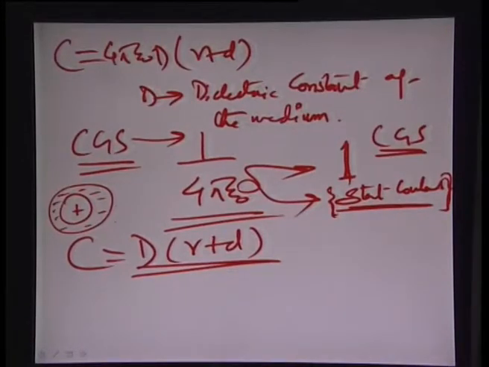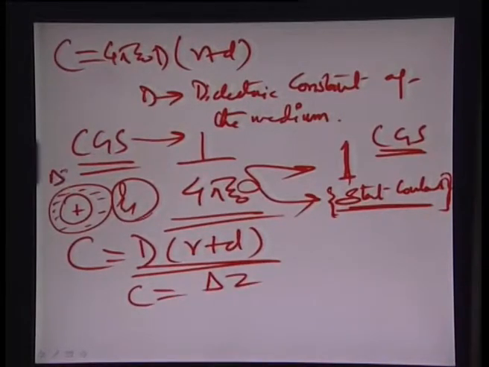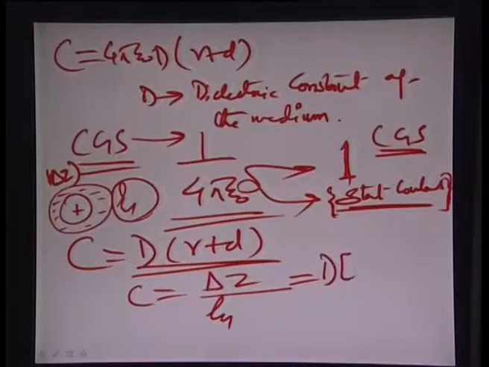If we assume the surface potential of this particular ion of interest to be zeta, then the capacitance C is essentially the total charge of the ion and the counter ion due to the shielding per unit voltage, which is the zeta potential, and it can be equated to D times r plus d.